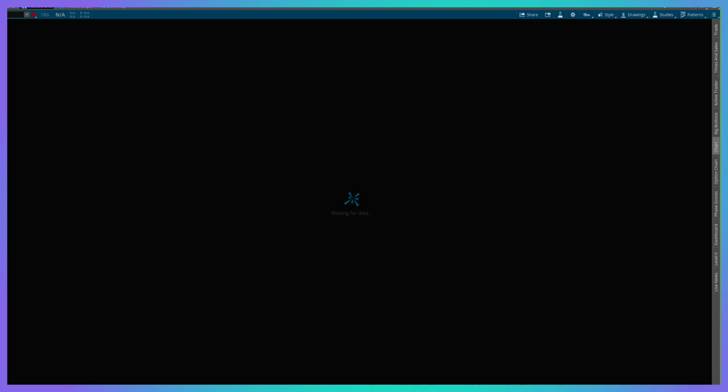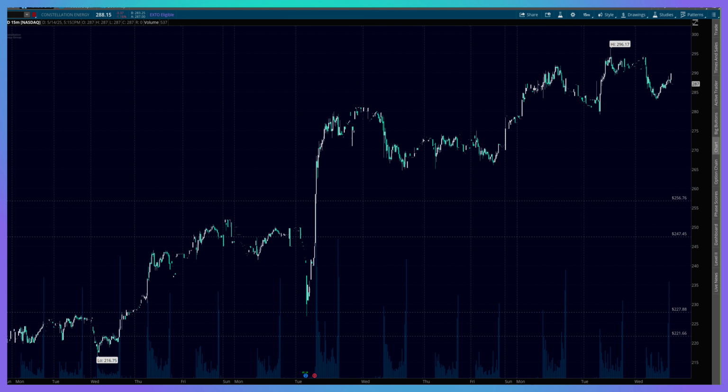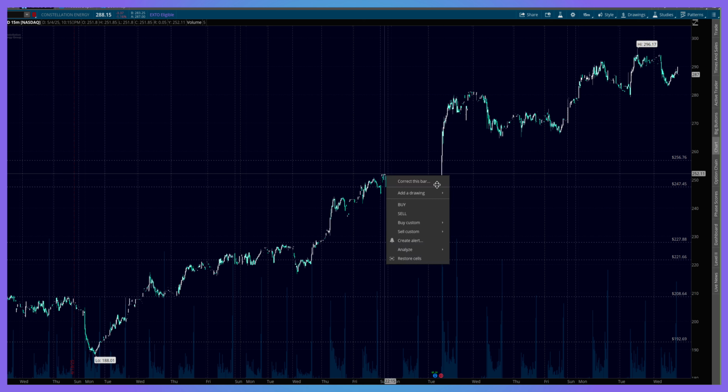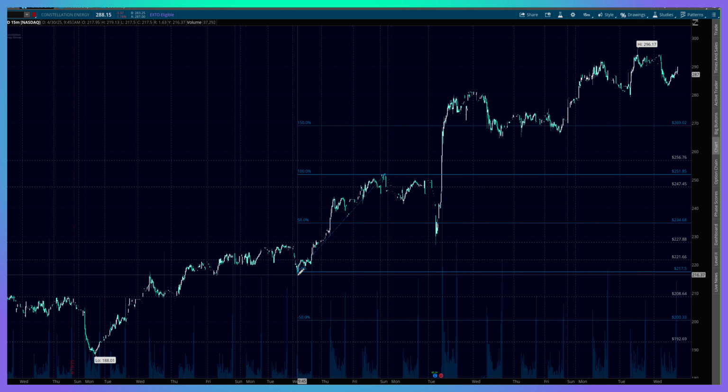Notice, see this pure structure break. Absolutely fantastic. Breaks the 50%. One candle, and then it starts making higher lows. That should tell you low, higher low, higher low, higher low, higher low. Retest.